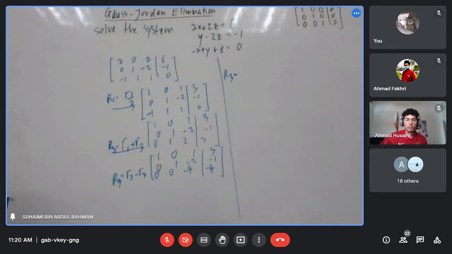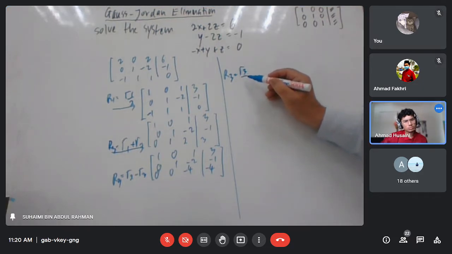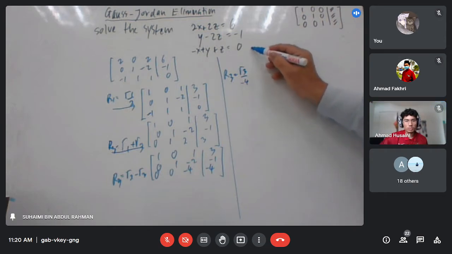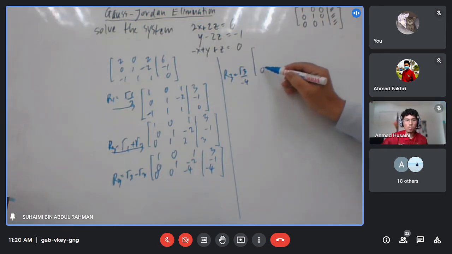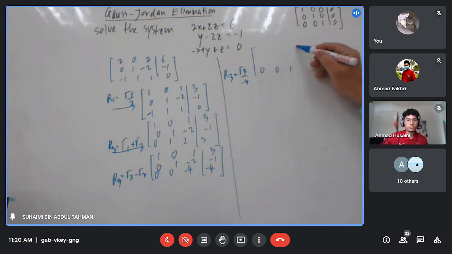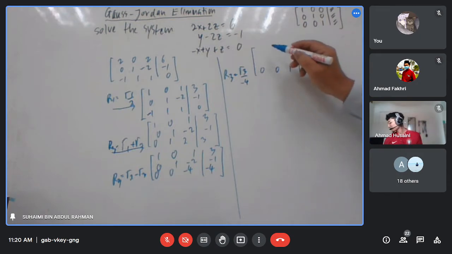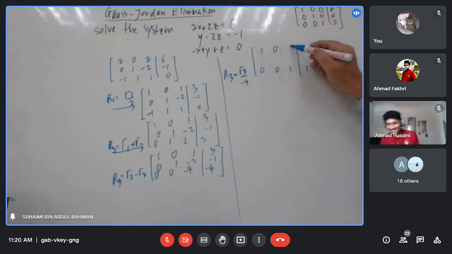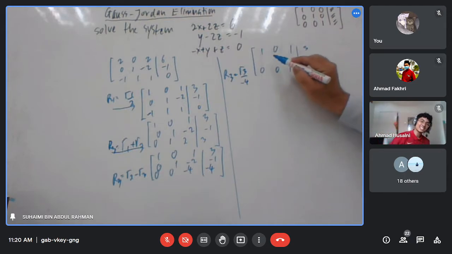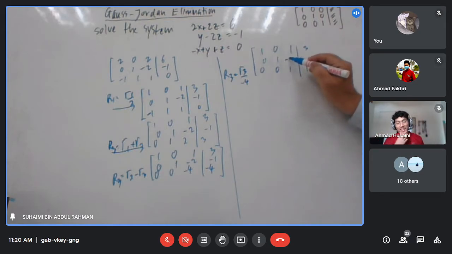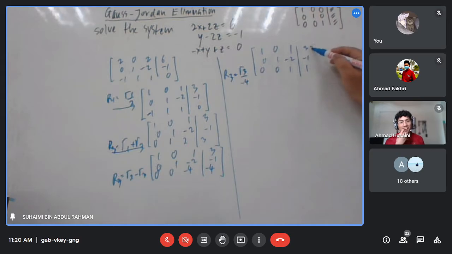Row 3 divided by negative 4. So 0, 0, 1, 1. The matrix looks like that: 1, 0, 1, 3; 0, 1, minus 2, minus 1; 0, 0, 1, 1.